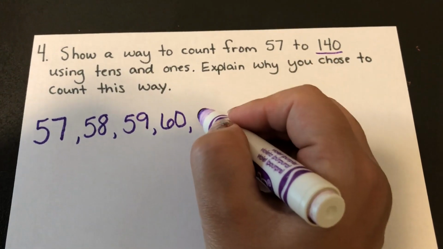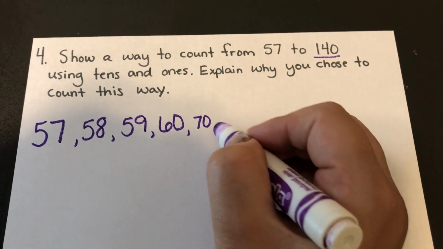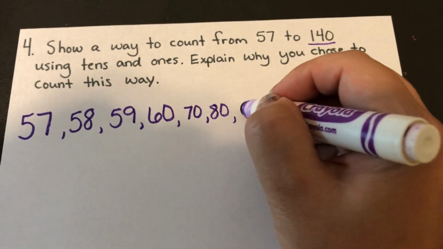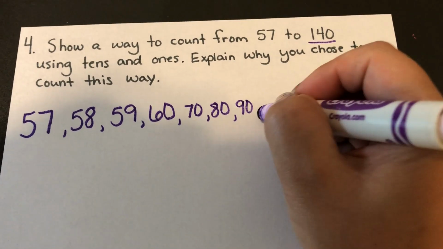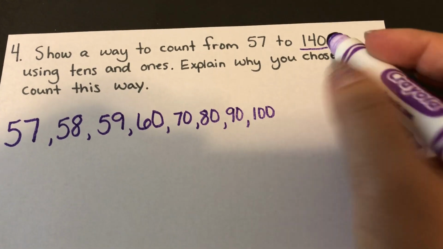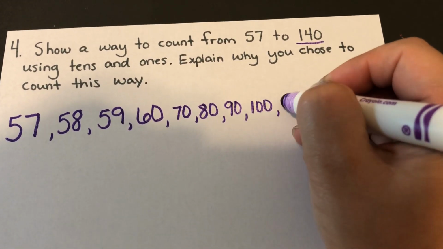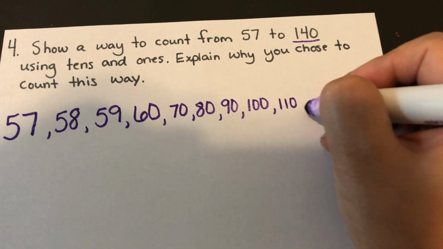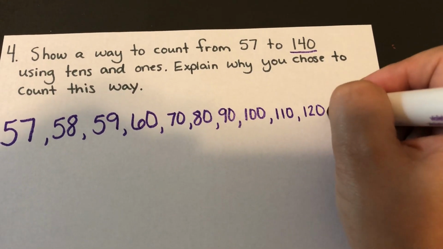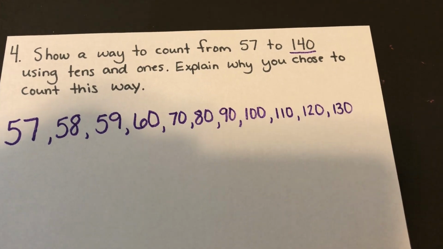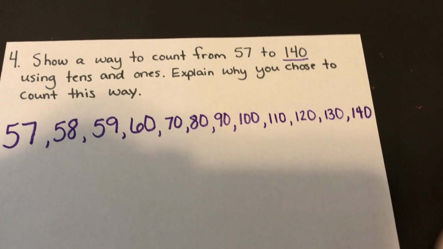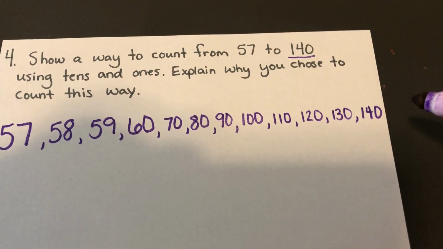So 60 plus 10 is 70, plus 10 more is 80, plus 10 more is 90, plus 10 more is 100. I'm almost at 140. All right, plus 10 more is 110, plus 10 more is 120, plus 10 more is 130, and finally, if I add 10 more, I have made it to 140.